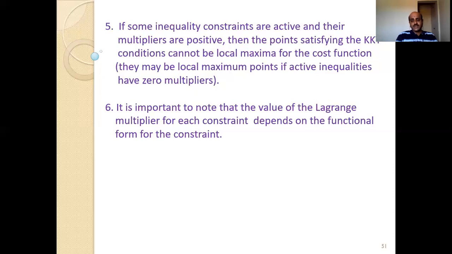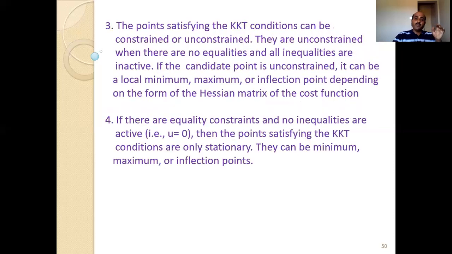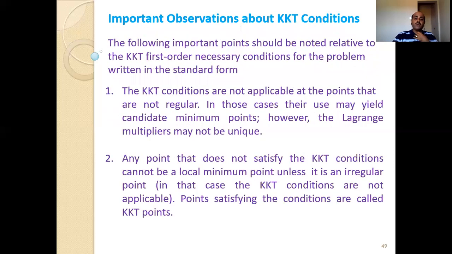So what kind of function the constraint is. Based upon the constraint's functional form, you can get the value of the Lagrange multiplier for each constraint. So these are the 6 important points that need to be noted down, related to the first order necessary conditions.